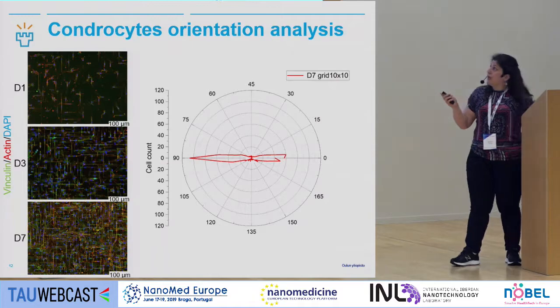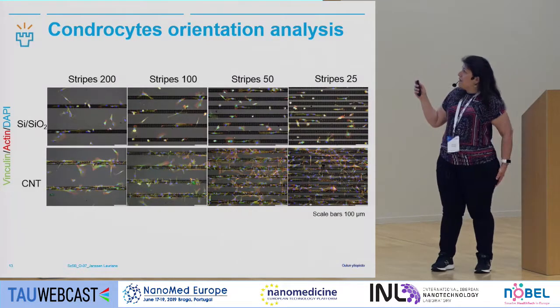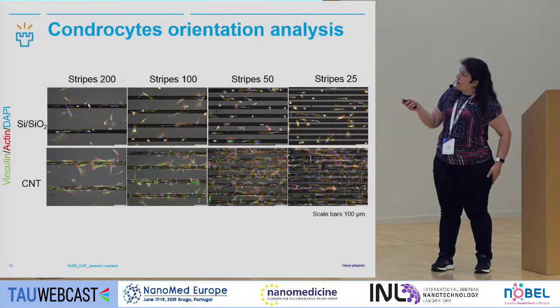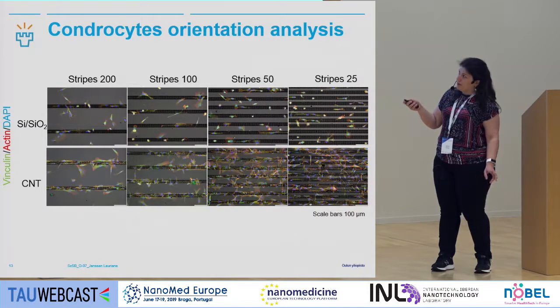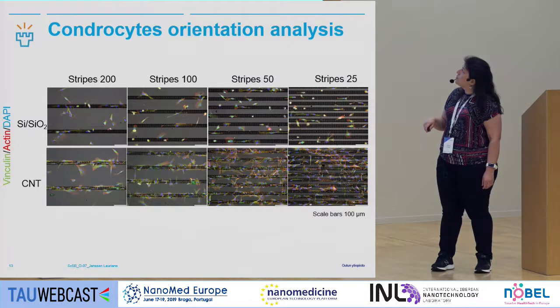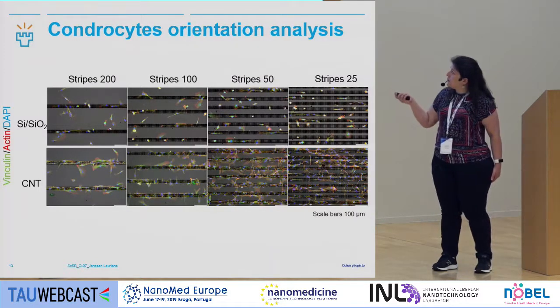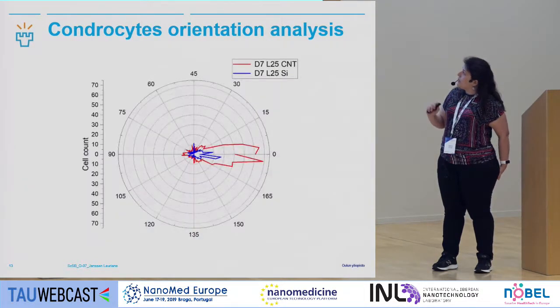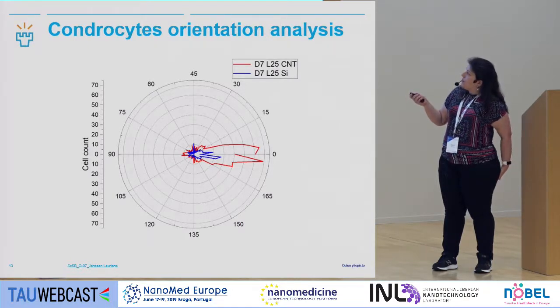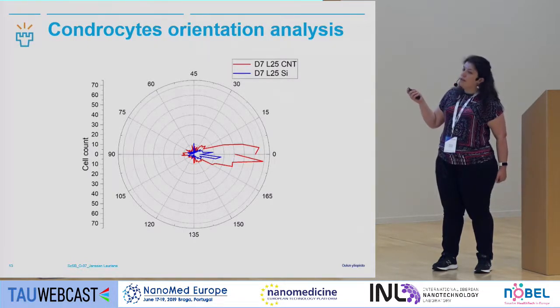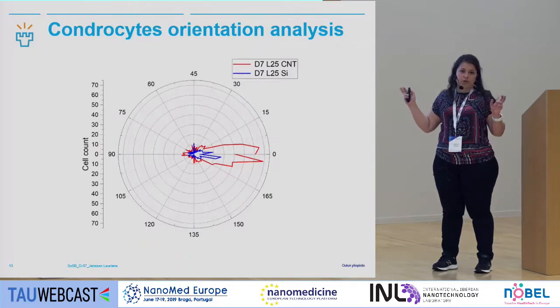When you check the stripes, here we have the stripes for silicon as reference and the carbon nanotubes. When you do the same kind of analysis, again you find that they are mostly at 0 or 180 degrees.